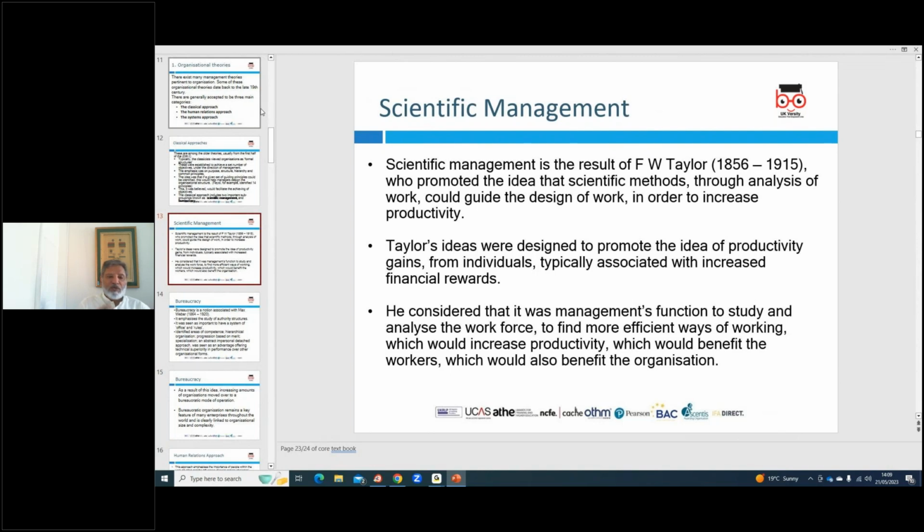All right. So the more they produce, the more specialist they become, and the more they get their financial reward, the more they become happy in their work and so on. Okay, so this was his theory, scientific management.